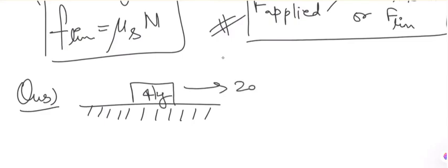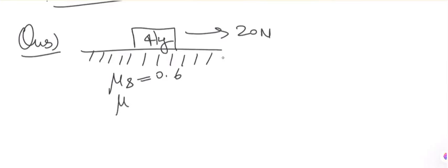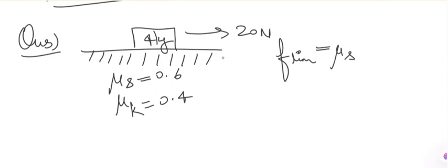It is applied with 20 Newton of force and the static coefficient is 0.6, whereas the kinetic friction is 0.4. Let's see, will it move or not? So we will apply the formula that F limiting is nothing but mu s into N. Correct? Yes, ma'am.